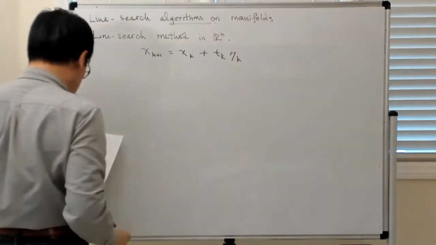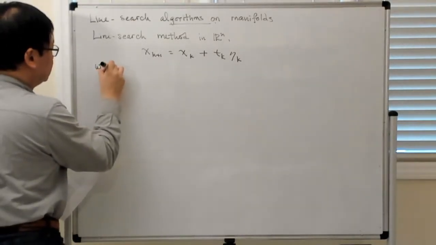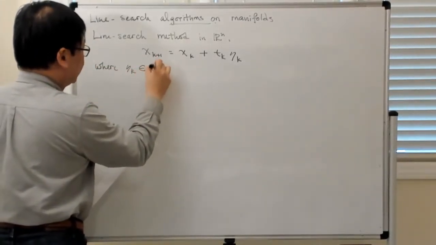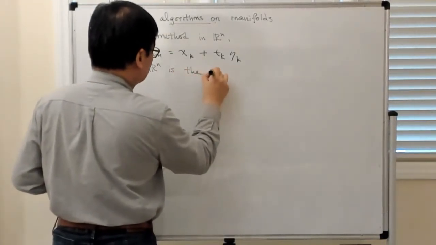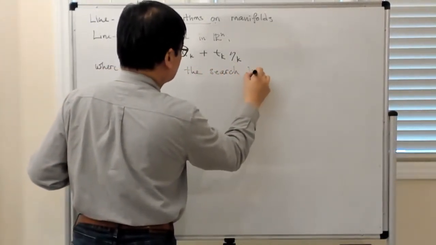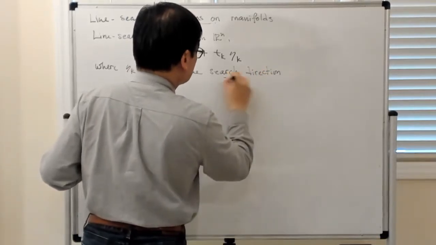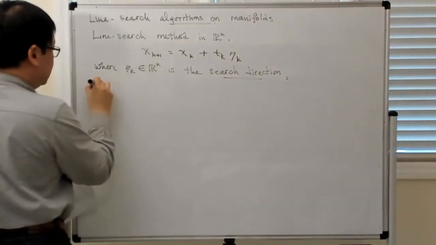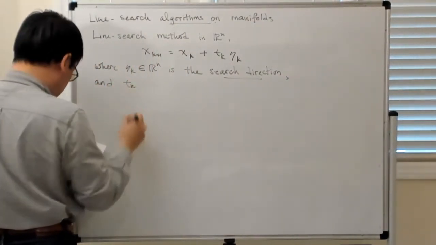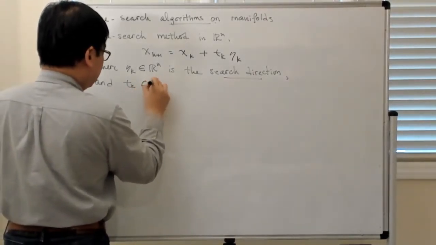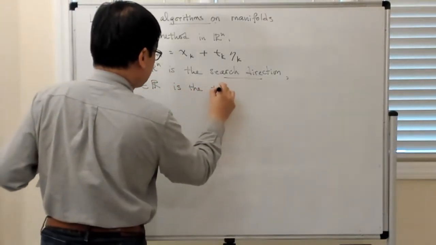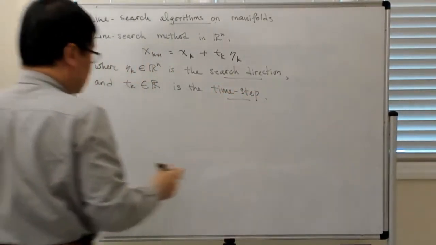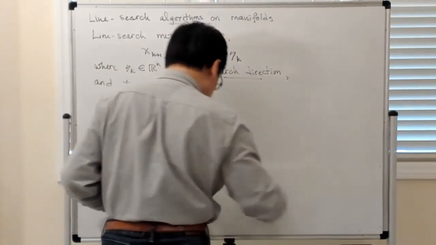So this eta k is, in R^n, the search direction, and t_k, which is obviously in R, is the time step. Well, let me rephrase. Let's call it the step size.